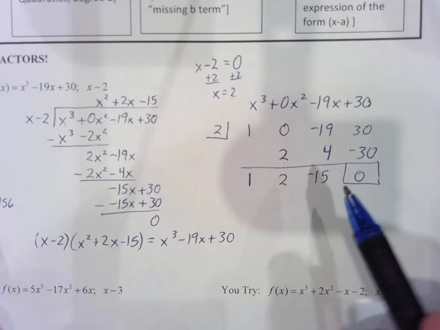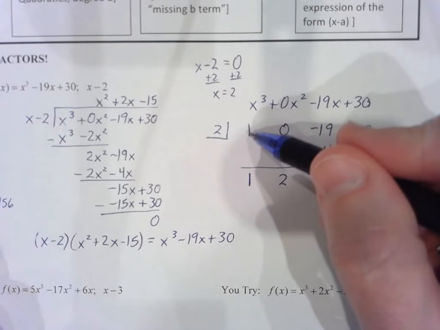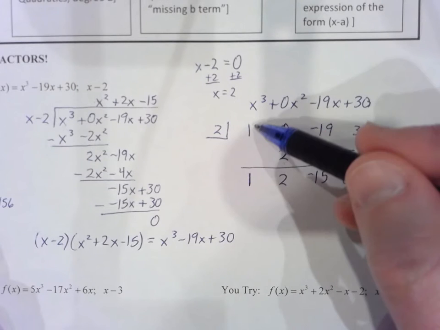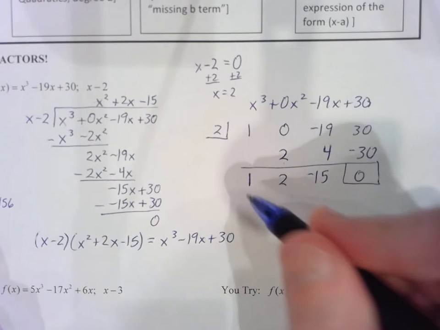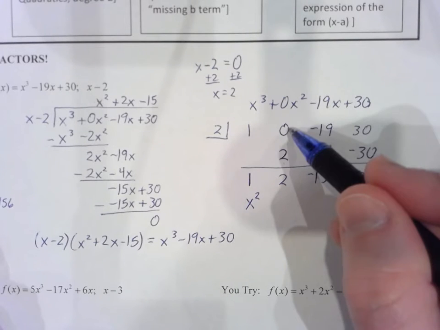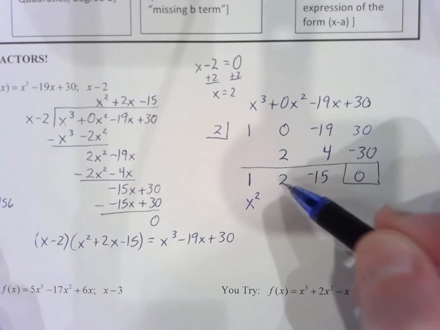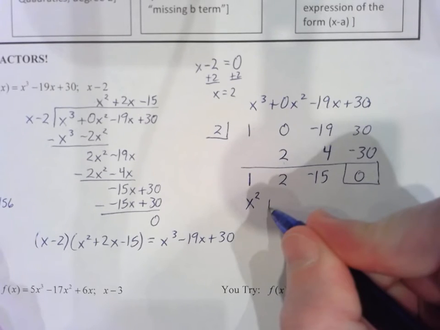And what we're left with: we started with x cubed, but when we divided by this factor, x cubed turns into 1x squared. The x squared term, we took out an x, and we're left with just the x term. And so that's the positive 2x.